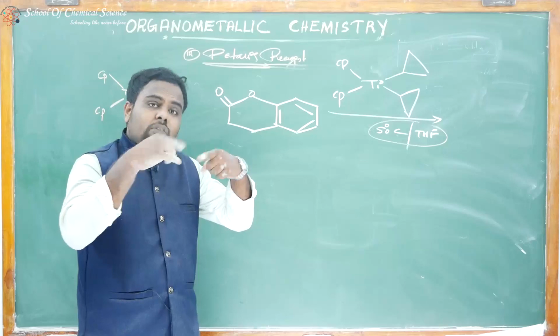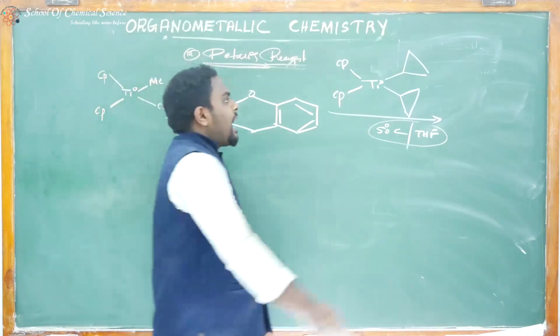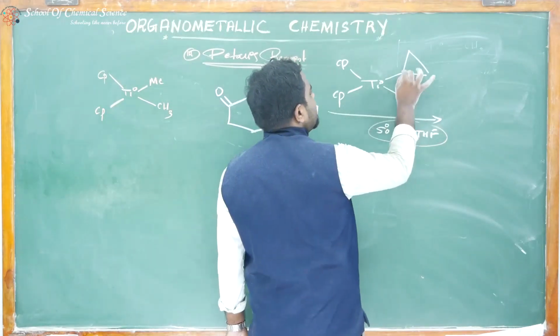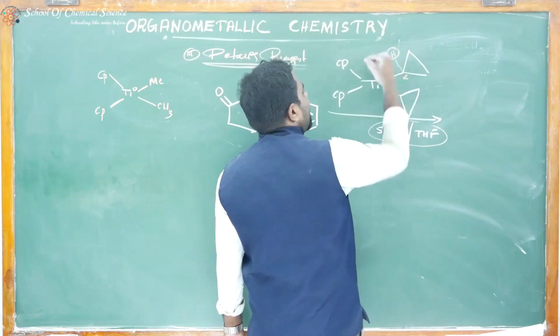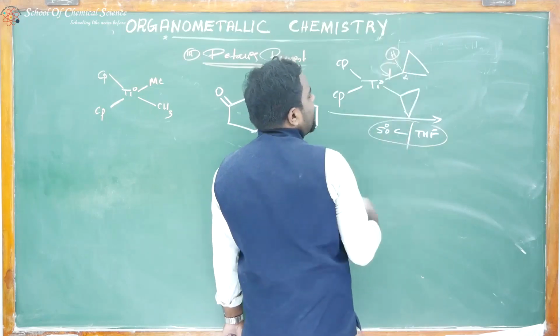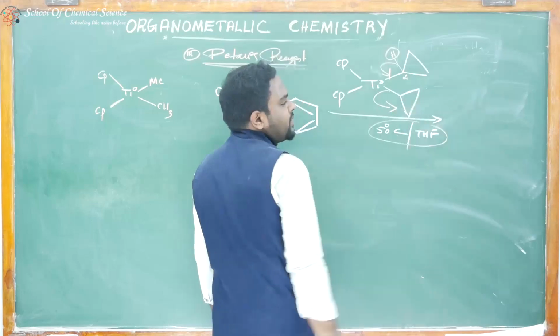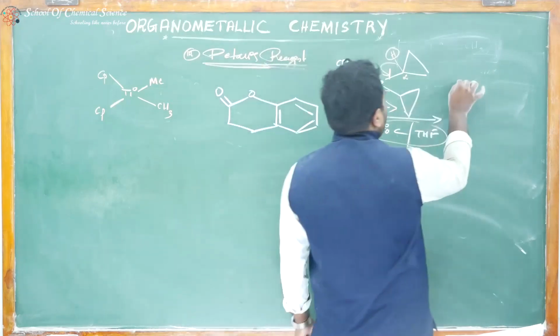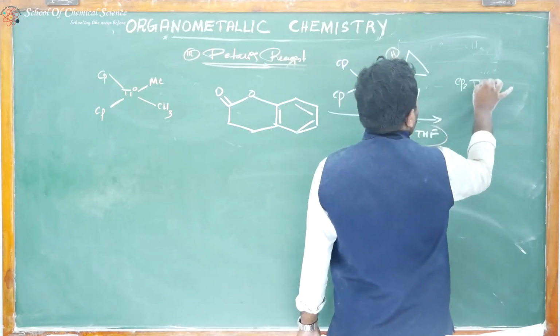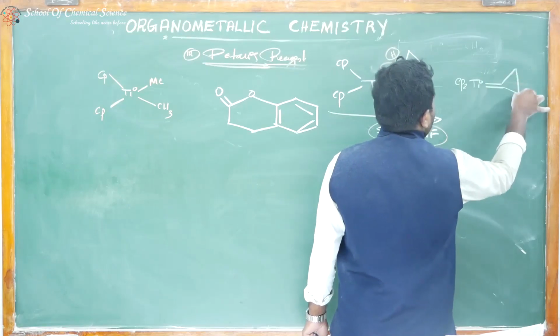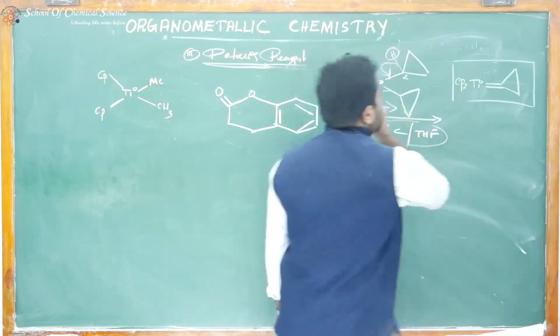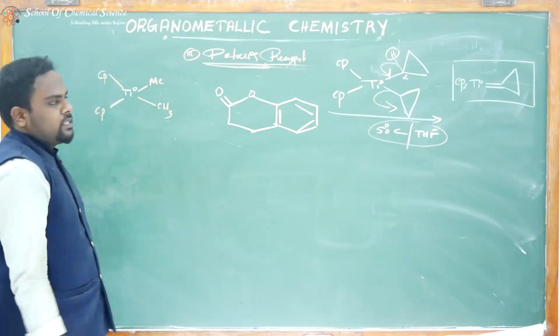What happens? It is converted into the active form by alpha elimination. With respect to the metal, this is the alpha position. Here a hydrogen is there. That hydrogen will make a double bond. This group is eliminated so that it is converted into the active form Cp2Ti=cyclopropylidene. So this will be your active catalyst. Clear?